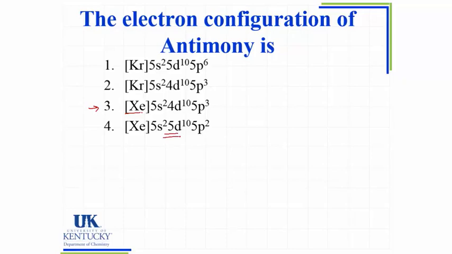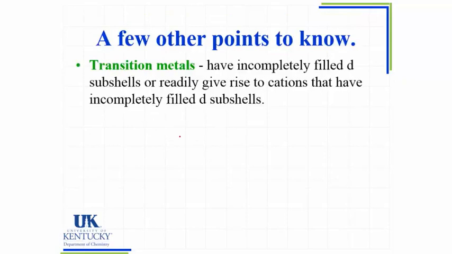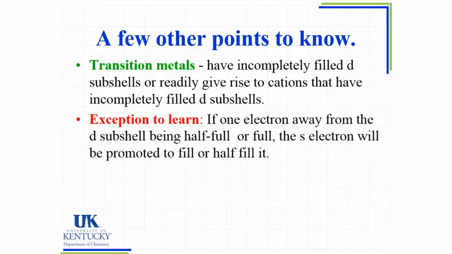Okay, transition metals are elements that have incompletely filled d subshells or readily give rise to cations that have incompletely filled d subshells. In the transition element region, there is an exception to learn, and that is if you're 1 away from being half full. What would that mean? To be half full, you'd have 5 electrons.